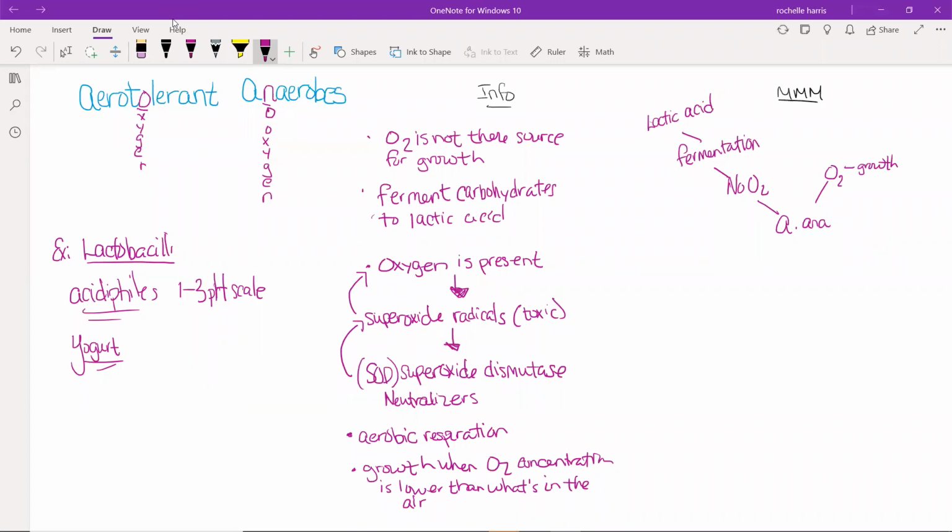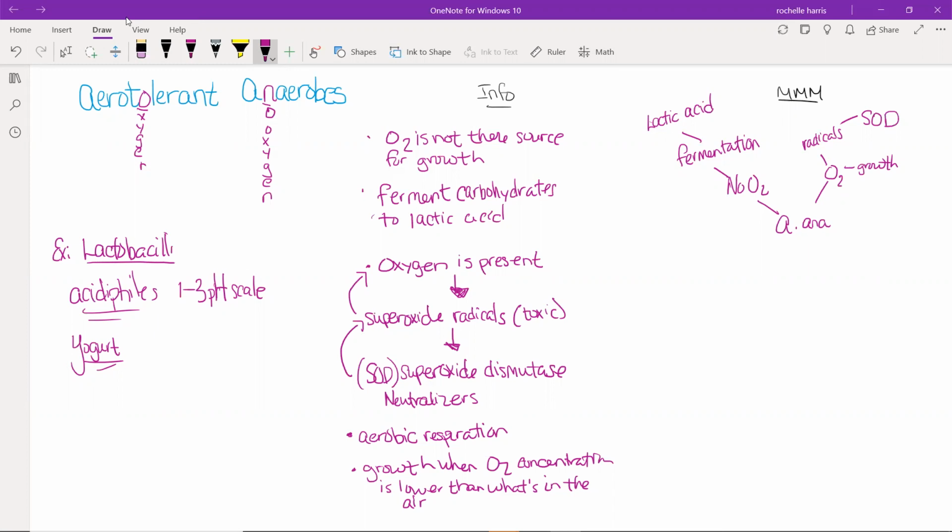What else? So when oxygen is present, the microbe produces radicals. And because radicals are produced, they also produce SODs. SODs are produced to neutralize the radicals.